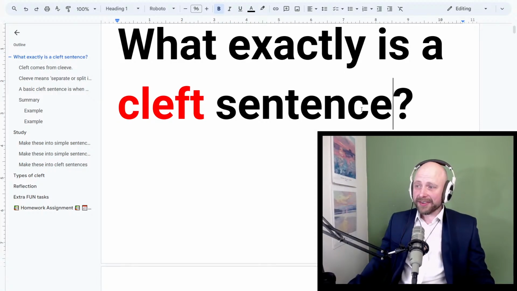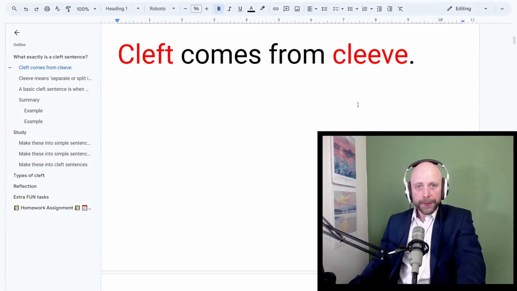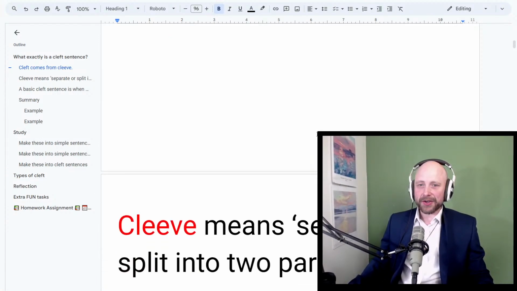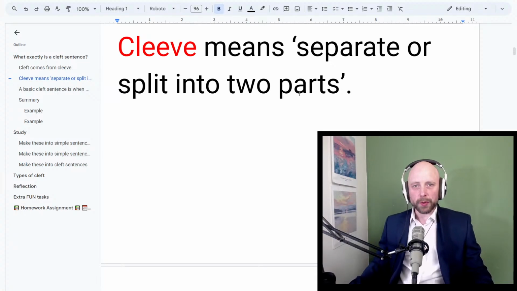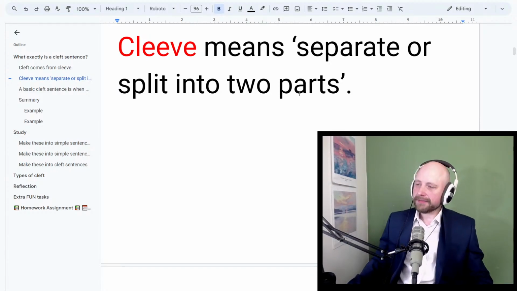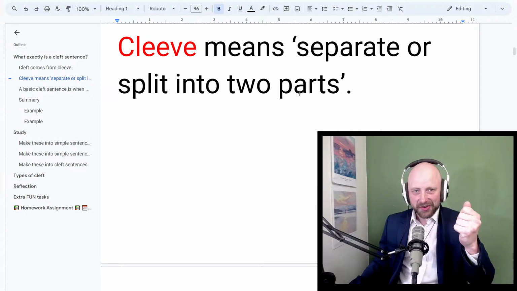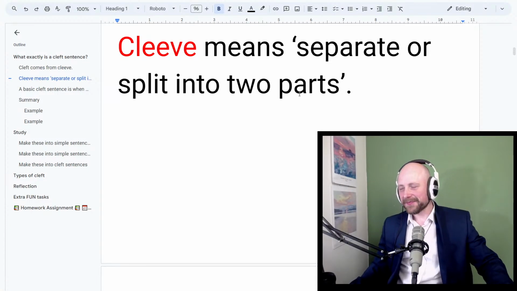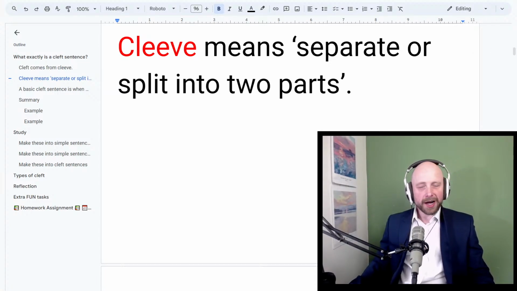And cleave means separate into two. So, split or separate in two. Normally, the verb cleave is used in cooking or other things where you have a very big cutting instrument. That's cleave. It means separate or split into two parts.